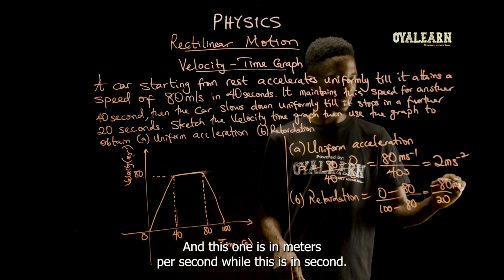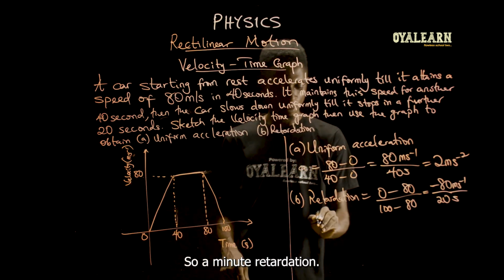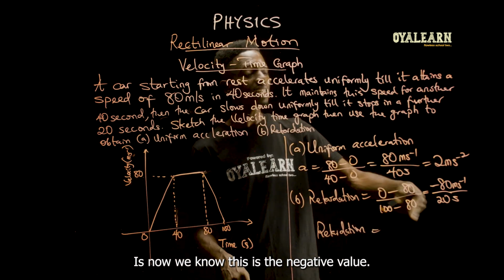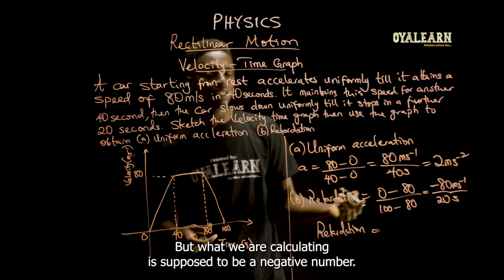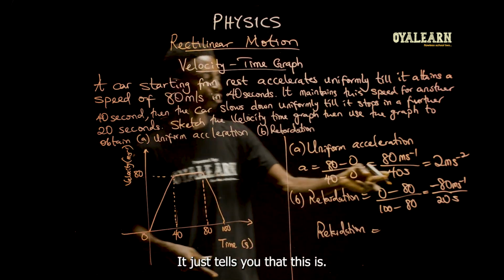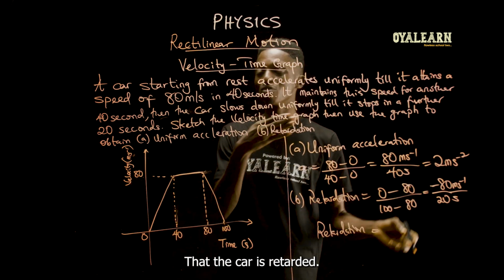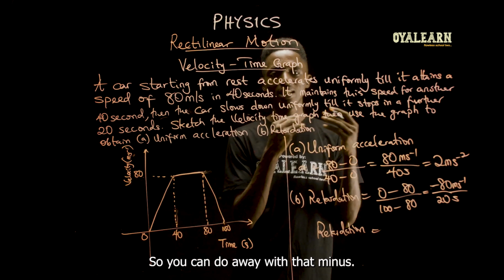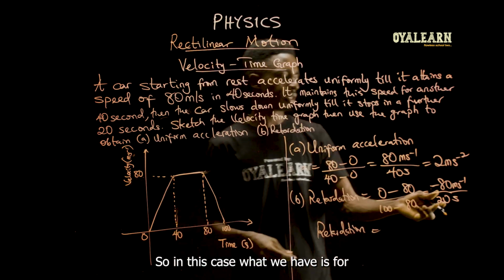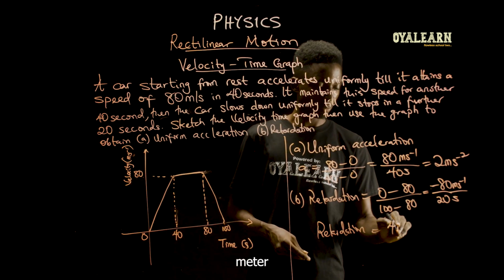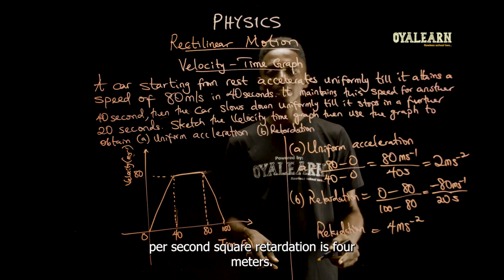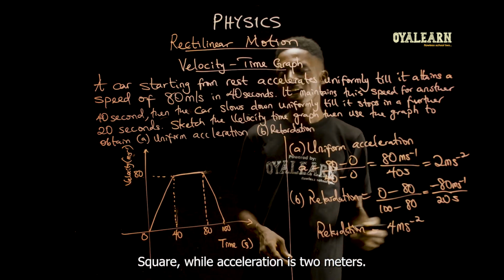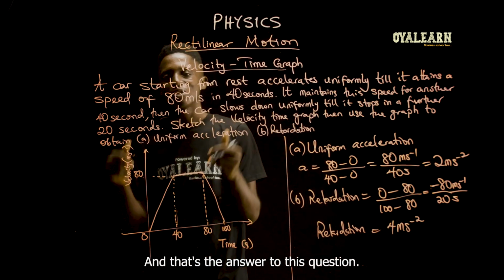And this one is in meter per second, while this is in second. So meaning retardation is, now we know this is a negative value, but what we are calculating is not supposed to be a negative number. It just tells you that the car is retarding, that is, the car is slowing down. That's why we have a negative value here. So you can do away with that minus sign when you write your answer. So in this case, what we have is 4 meter per second squared. Retardation is 4 meter per second squared, while acceleration is 2 meters per second squared. And that's the answer to this question.